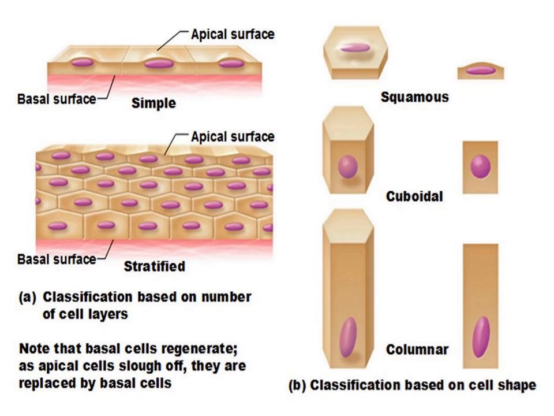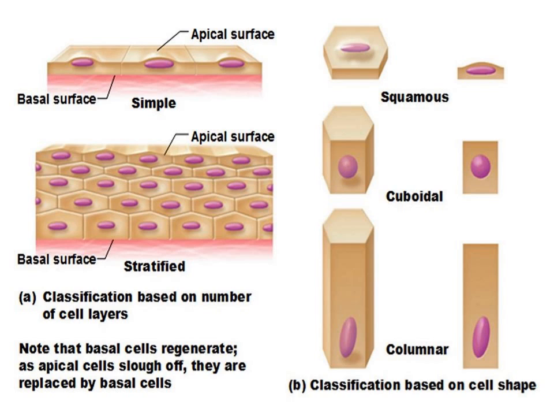Here you can see the first diagram is showing the single layer. When the cells of the epithelial tissue arrange themselves in a single layer, it is called simple tissue. Either it will be simple squamous epithelium or simple cuboidal epithelium. The word simple is used for a single layer. And if many layers are arranged over one another, then we call it stratified.